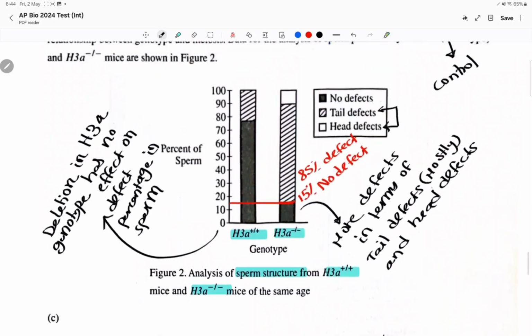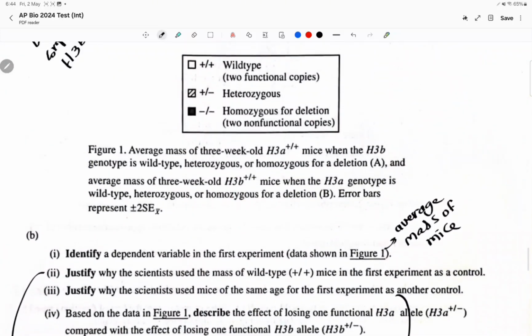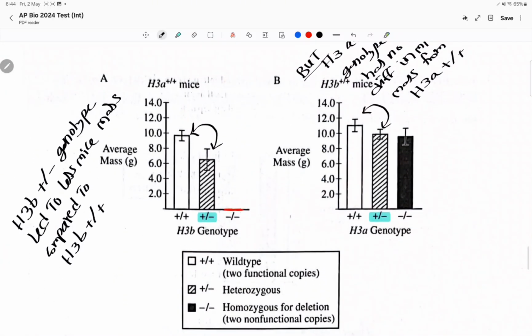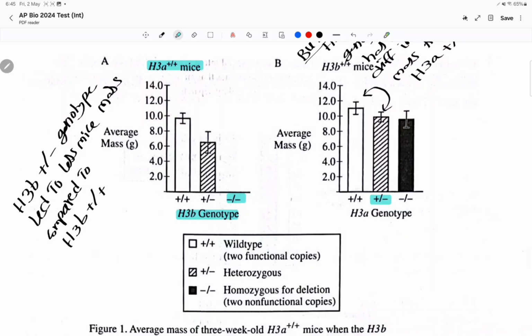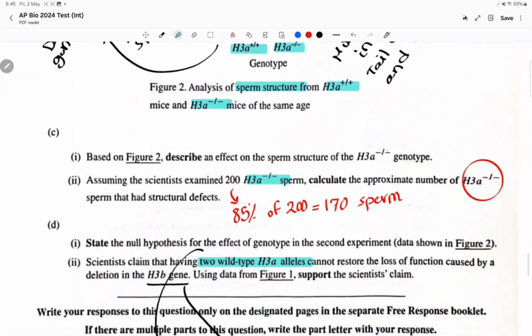Let's see. Look for H3A plus plus and H3B minus minus. Even though there is H3A plus plus, it could not help when the H3B is minus minus because they all died, right?